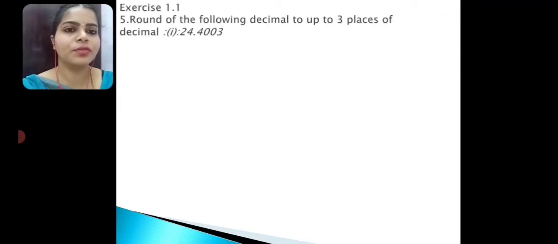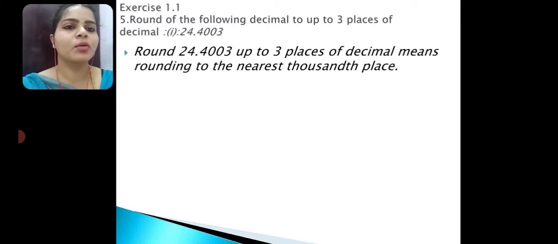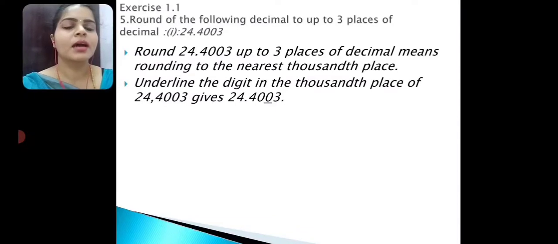Now let us solve the fifth problem. Round off the following decimals up to 3 places of decimals. In the first Roman number problem, 24.4003. First step, rounding 24.4003 up to 3 places of decimals means rounding to the nearest thousandths place. Second, underline the digit in the thousandths place of 24.4003.